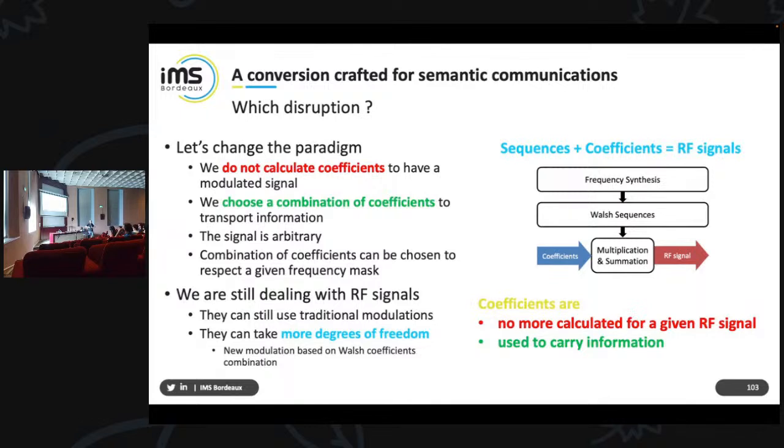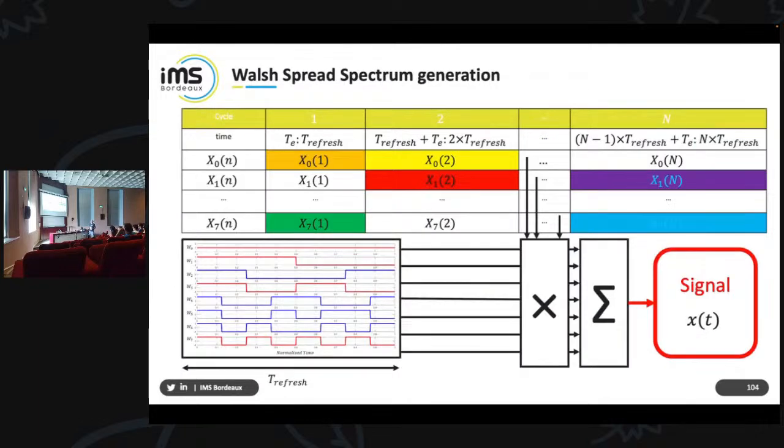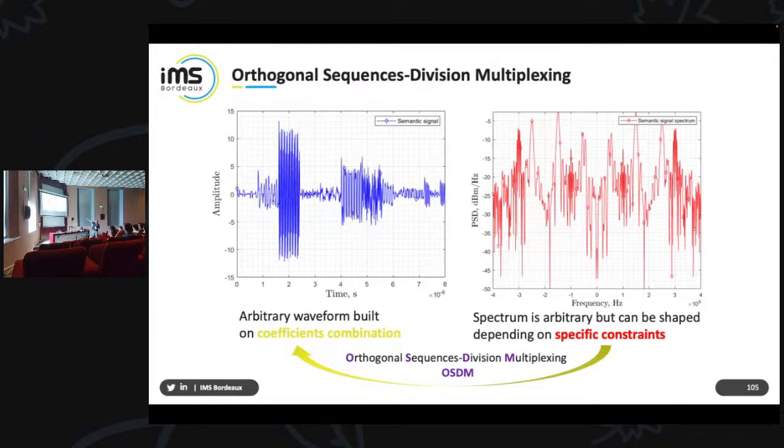We are still researching it, but we will take a risk and innovate on this. So coefficients are no longer calculated for a given RF signal, but are used to carry the semantic information. And we make that product and that sum, as you've seen before, except that we do it with the coefficient directly. And what we have is a pure spectrum, which is terrible.